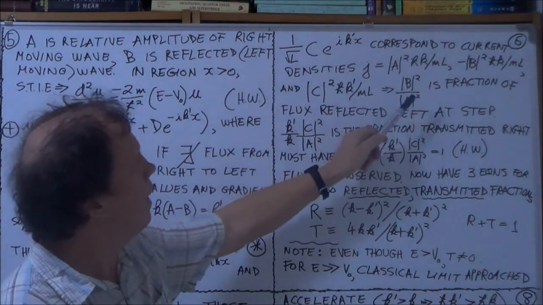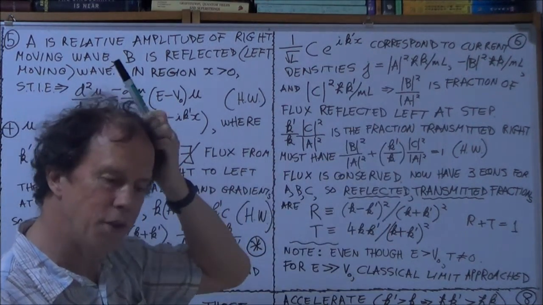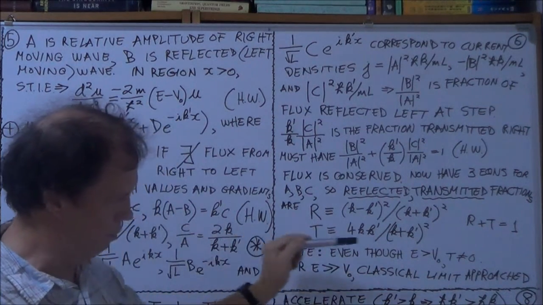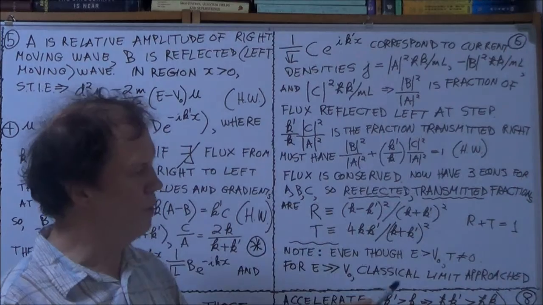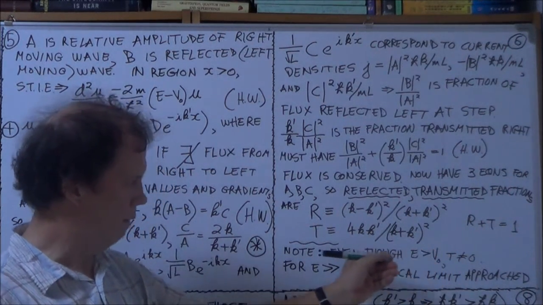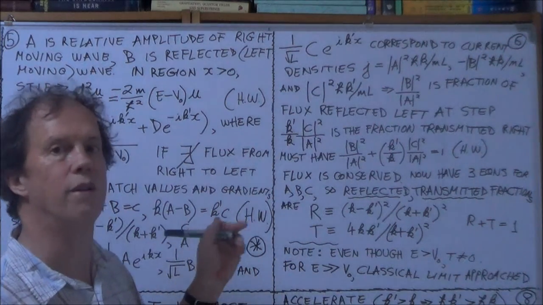So remember what A is, that's the amplitude of your wave function coming in from the left to the right, right? And B was your amplitude of the wave function moving from right to left. So the reflected wave, if you like.